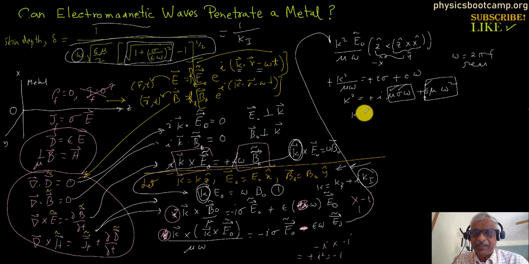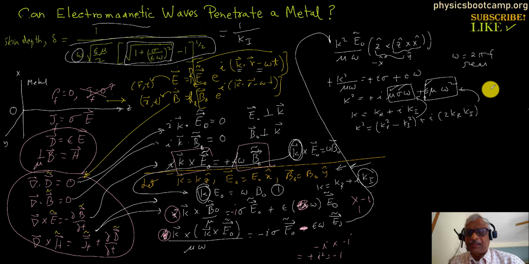So k can be k real plus i k imaginary, right? But this k squared is kr squared minus ki squared plus i times 2 kr ki. So this stuff is that, and this stuff is that. So you can see it can become a very nasty calculation, but how to get kr and ki?